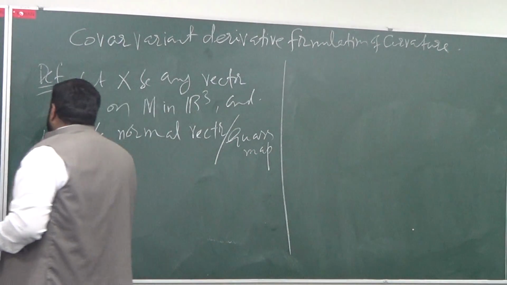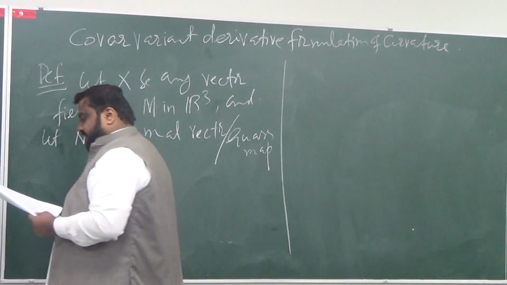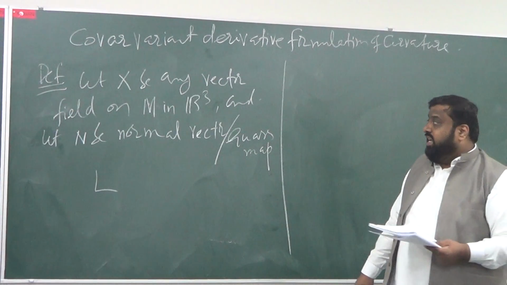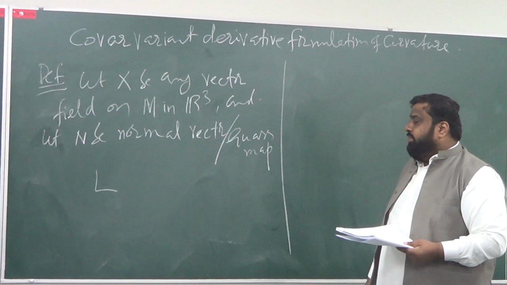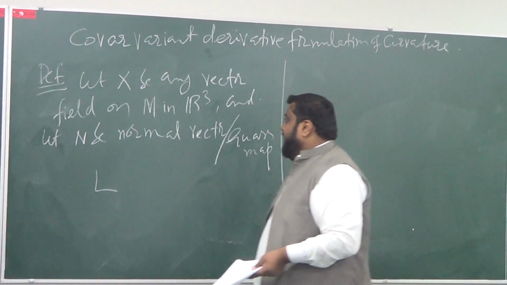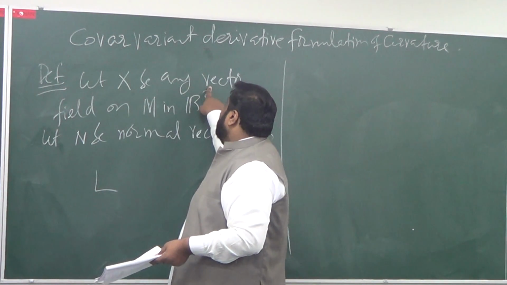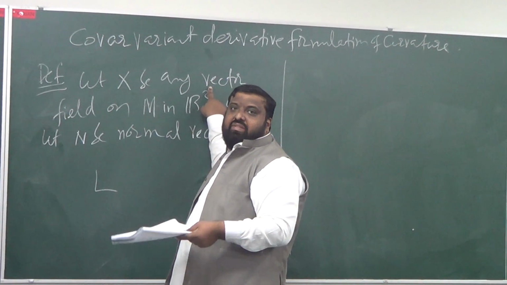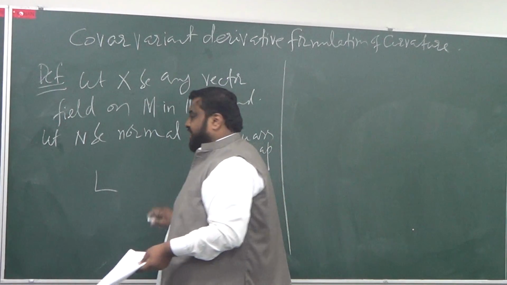Then let me define an operator L. I'm going to specify its domain and codomain. The domain is pretty clear because it's taking a vector, and the vectors here are tangent vectors.